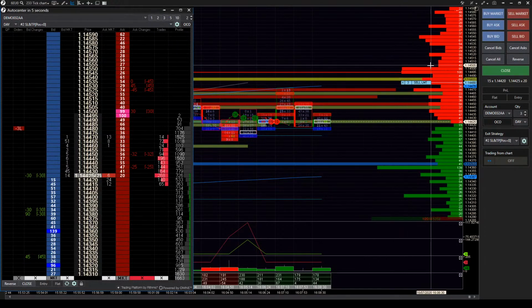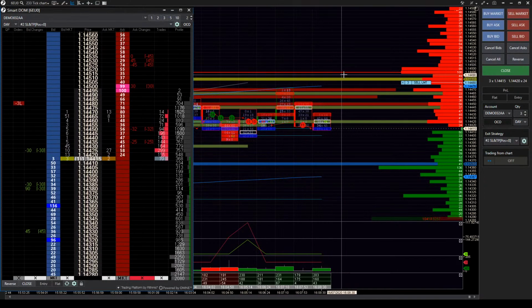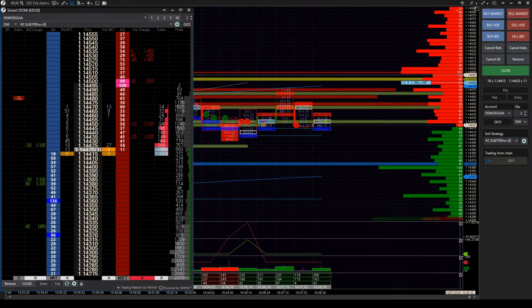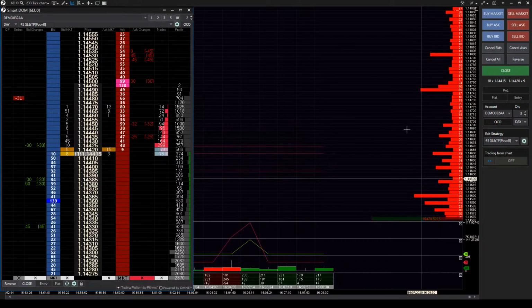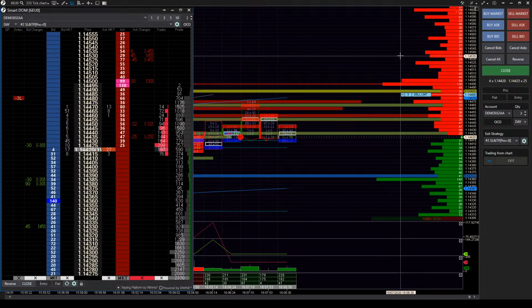We can see that right in this line, which is the day high. There's 100 contracts, 99 next, and then a few more on the top. So it's going to be harder for price to break through this line. But that doesn't mean it cannot happen.